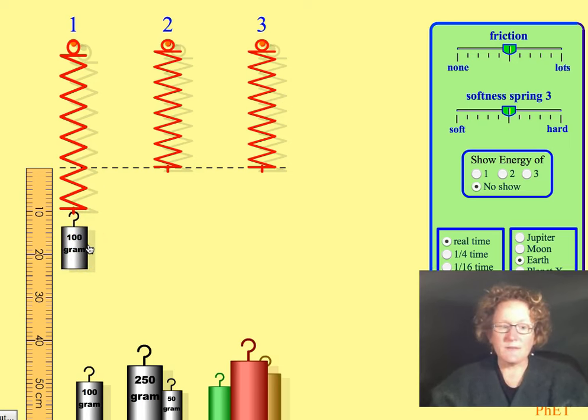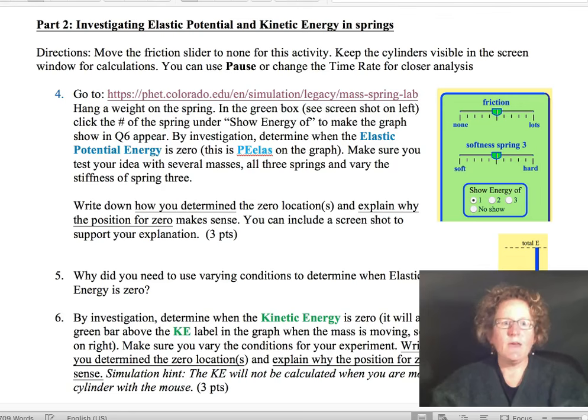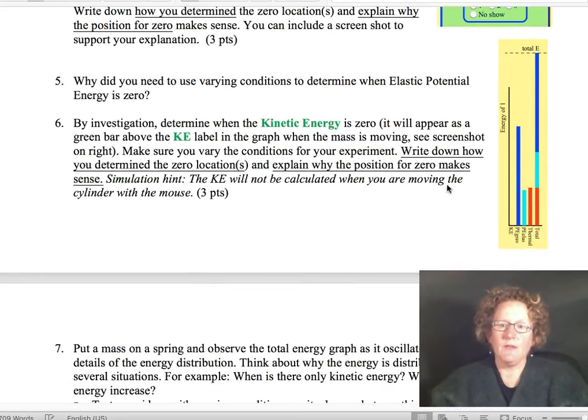All right, let's go back to the lab now. So our first job in the lab is to find out where there is 0 potential energy, 0 elastic potential energy. And if you're wondering how you figure that out, there's a little bit of a graph. We can click here in the simulation, and it says show energy of, and we get a graph in the simulation that looks a little bit like this.